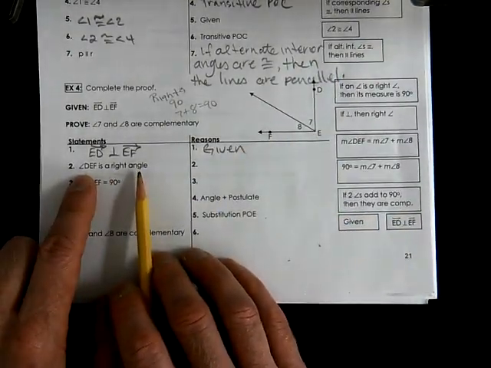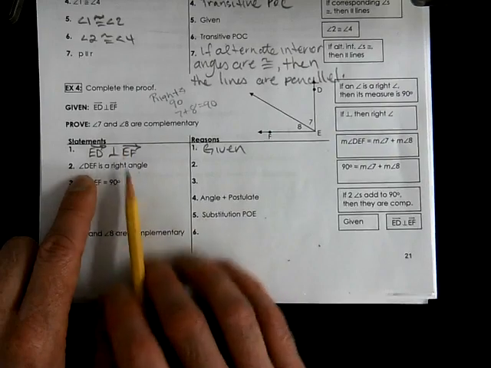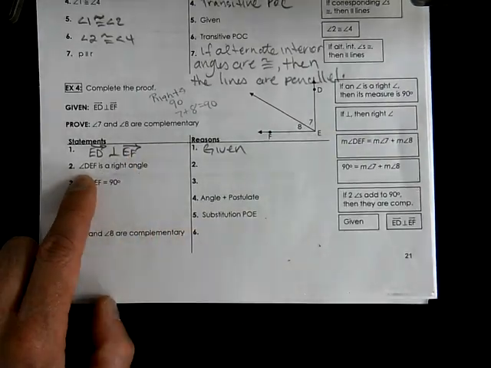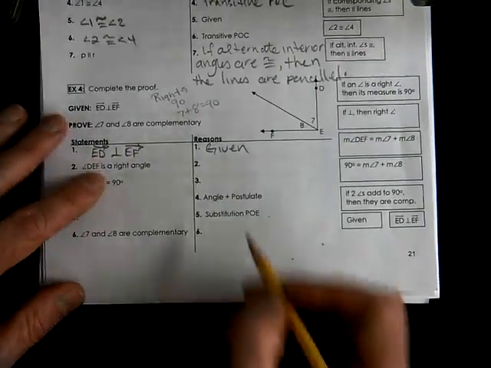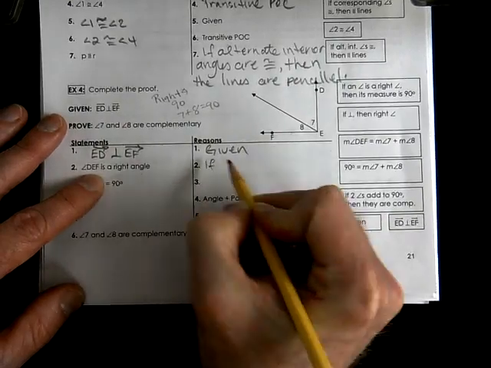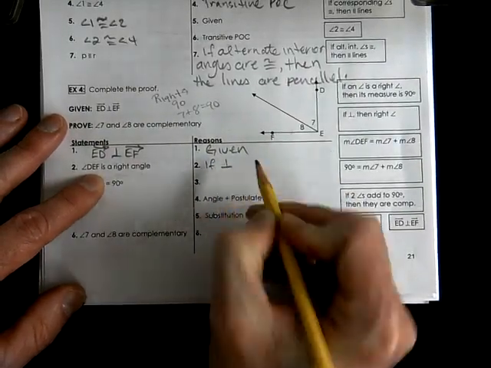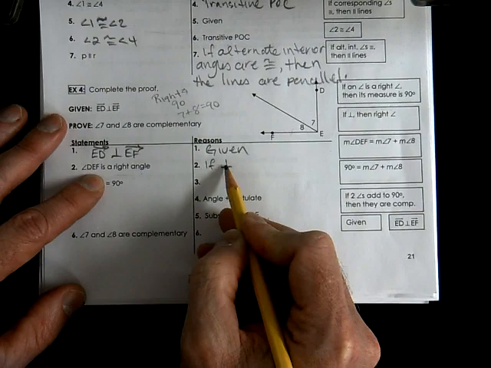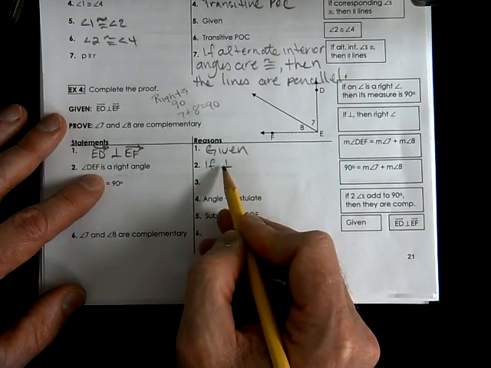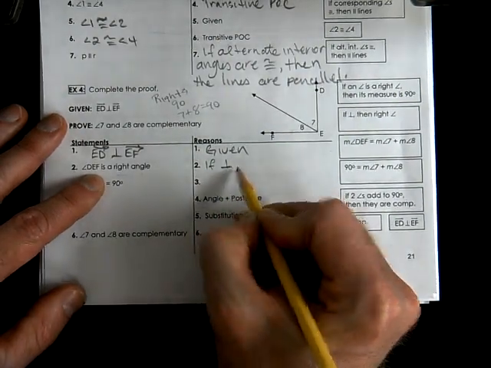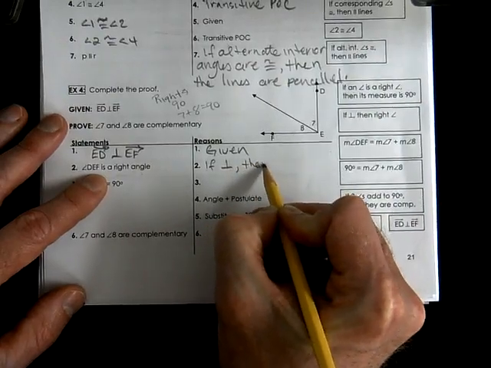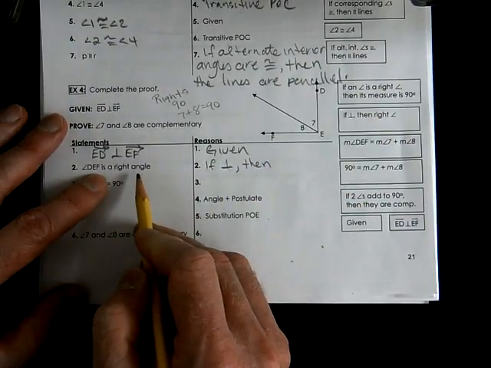How do we know we have a right angle? This is an if-then. If what, then what? If we have rays that are perpendicular, so here's a little shortcut, if perpendicular, then it forms right angles.